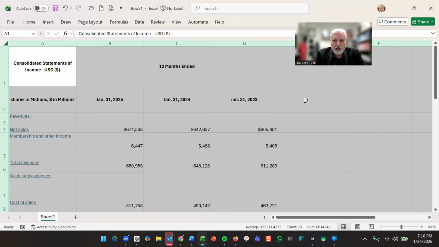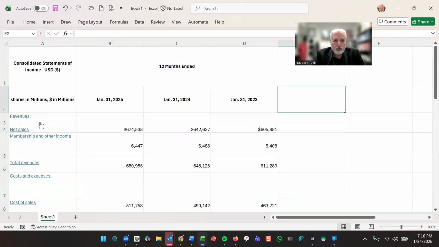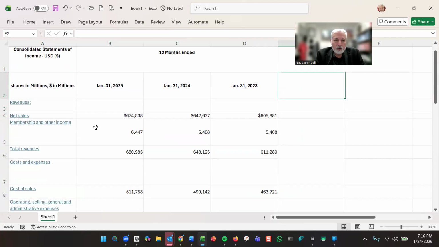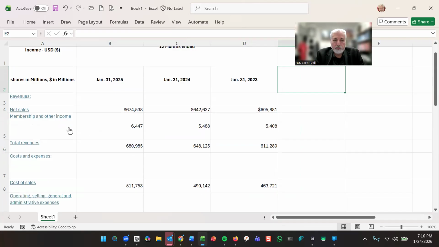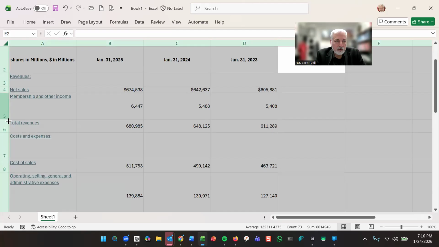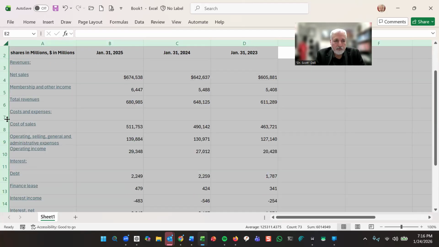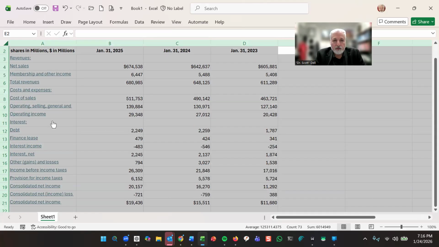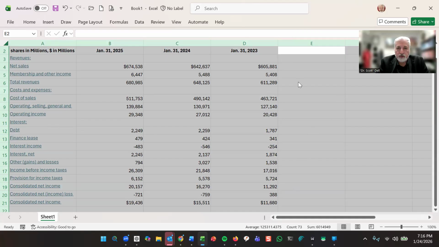And you can see here, I've got my revenues and my net sales, and then I've got total revenues, membership and other income. So here's my net income, and here's my sales in one screen.